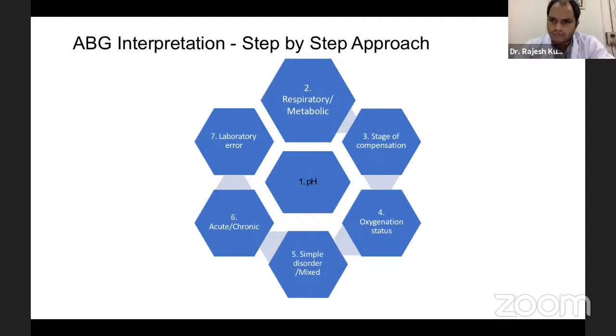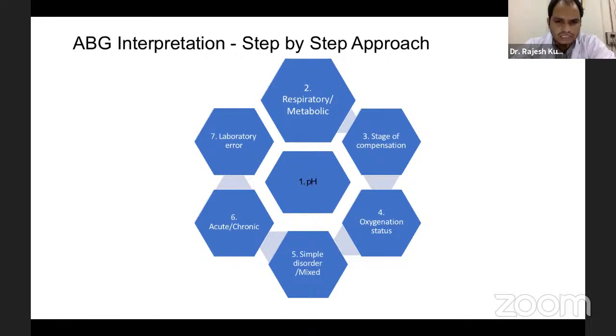Now, after finding your primary pathology, respiratory or metabolic, you have to see the compensation, that your metabolic part or respiratory part is compensating or not. Means the stage of compensation. The ABG can be uncompensated, means the patient is just in the initial phase or the body is just trying to compensate.